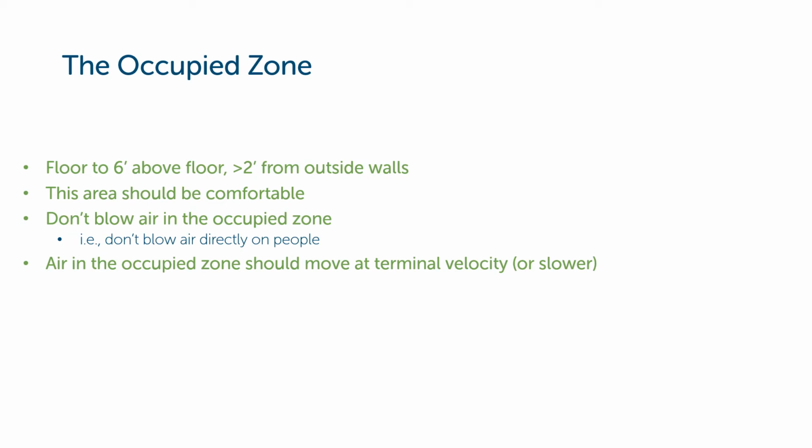So use the surface effect to wash walls and ceilings with air and avoid moving air in the occupied zone, which is defined as from the floor to 6 feet above the floor and greater than 2 feet from the outside walls. We want this area to be comfortable. Don't blow air on people. So think about it this way: air in the occupied zone should move at terminal velocity or slower.